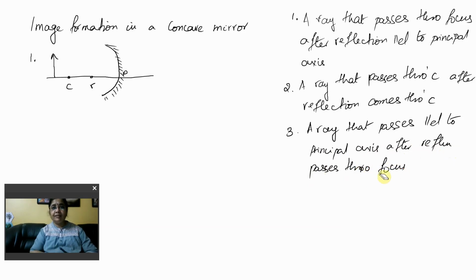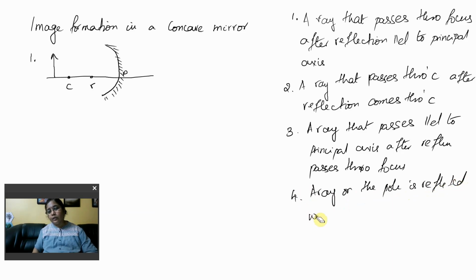If you see, 1 and 3 are identical, but with a small difference. Let me check for the fourth thing. Okay. A ray that is incident on the pole is reflected with the same angle.